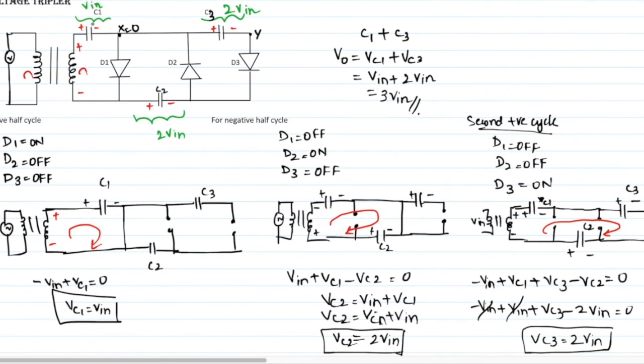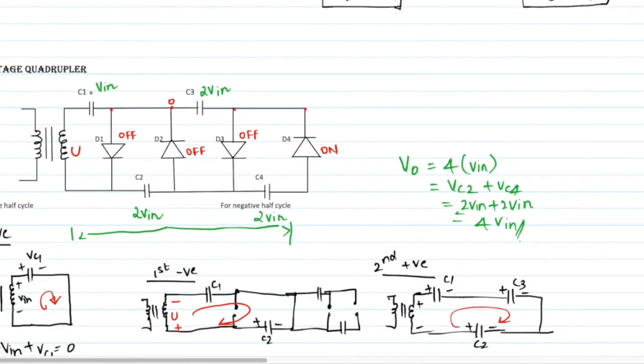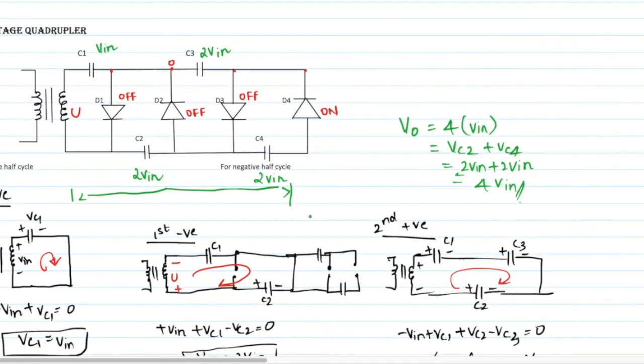For the voltage tripler, you take the voltage across Vc1 and capacitor C3. For the voltage quadrupler, you take the voltage across C2 and C4. So that's how a voltage multiplier works.